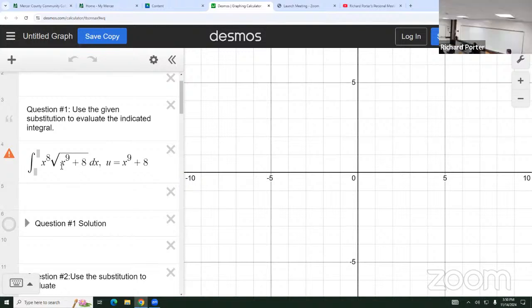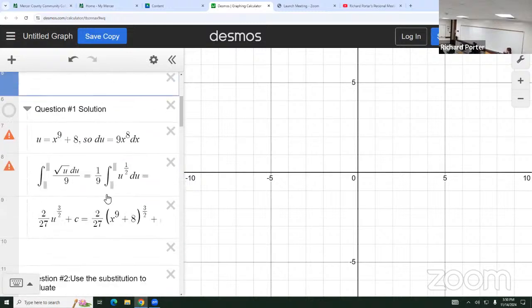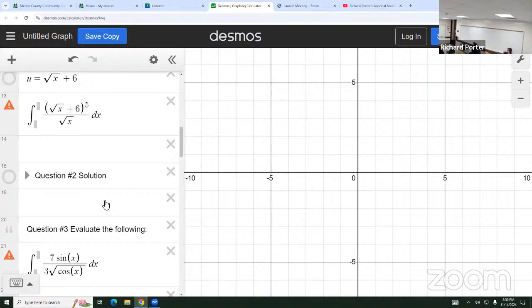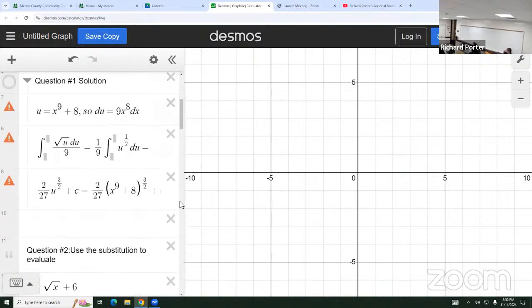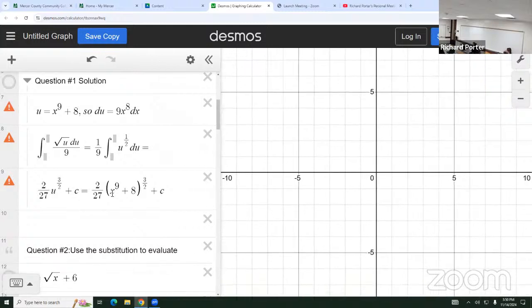Okay, so when you take the derivative, so this one right here, for example, that we did last time, when I do the antiderivative, I get this answer, but I just want you to see where the answer is. Here's the answer right here.